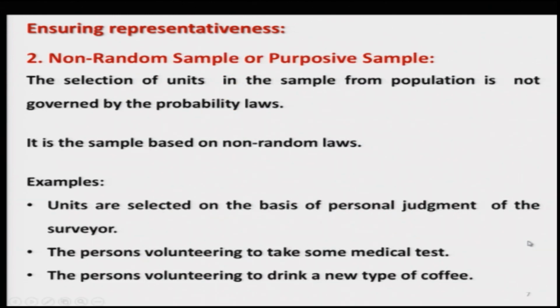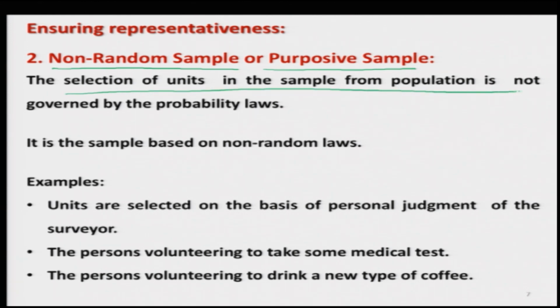Now, the second thing is the non-random sample, also called a purposive sample. In this case, the selection of sampling units from the population is not governed by the laws of probability. This is just the opposite of case 1; the sample is drawn based on rules which are non-random.